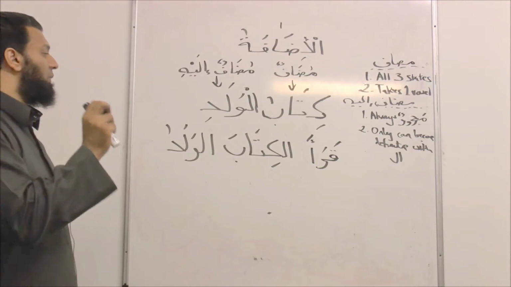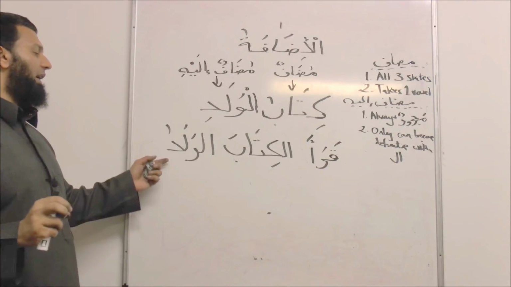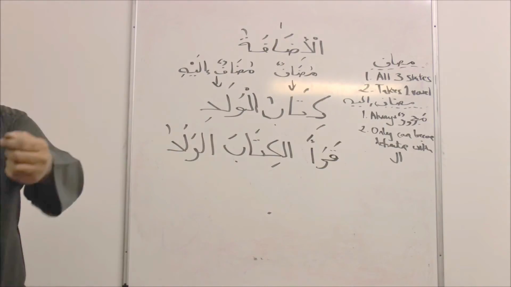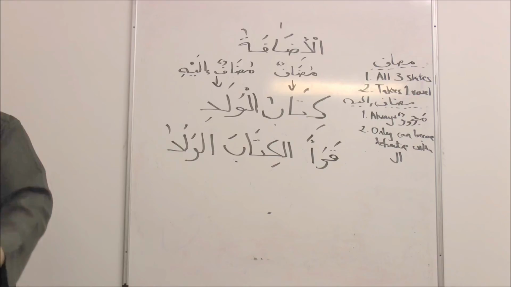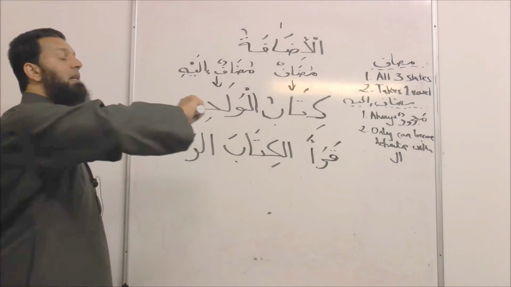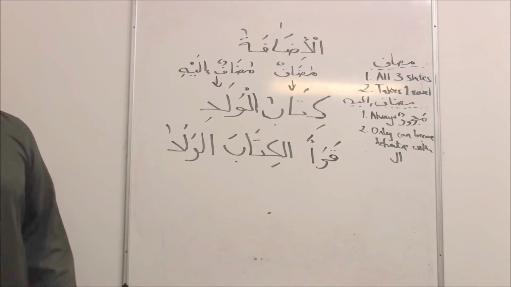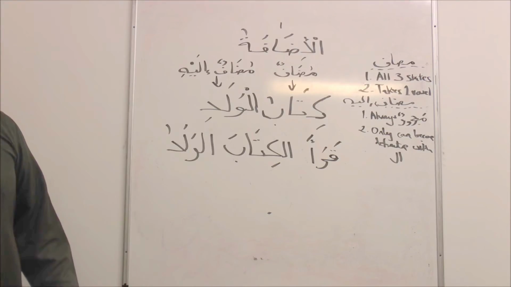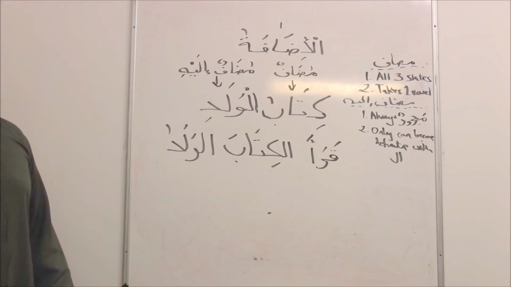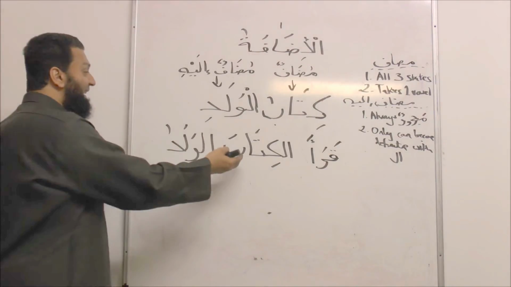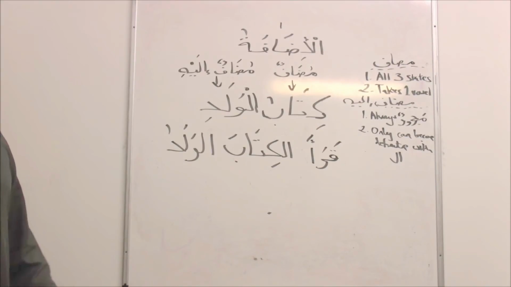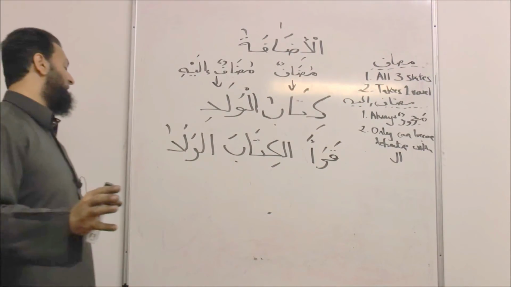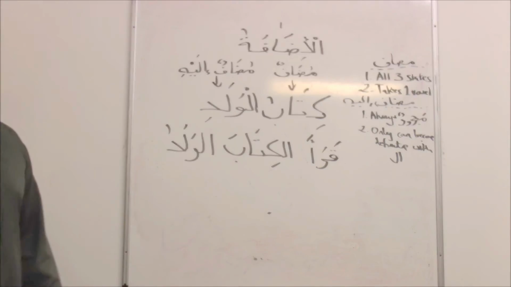How do we know that al-waladu is the doer and al-kitaba is the object, the maf'ulun bihi, Abdullah? How do we know that for absolute certainty? Neither of these are majrurun. That's mansubun, that's marfu'un. No, you know this. You knew this 20 minutes ago.